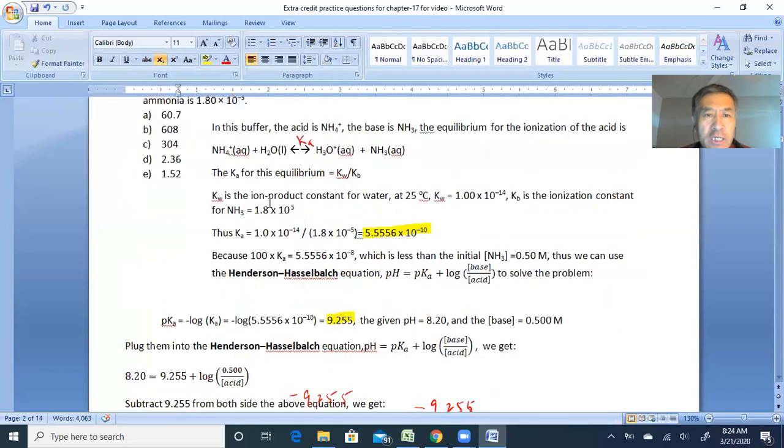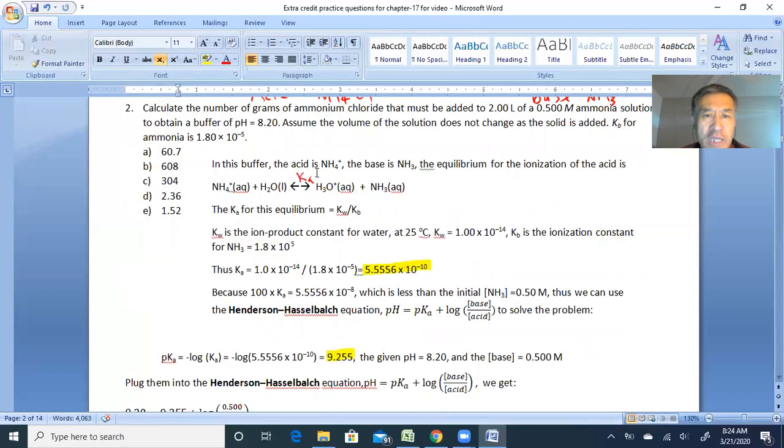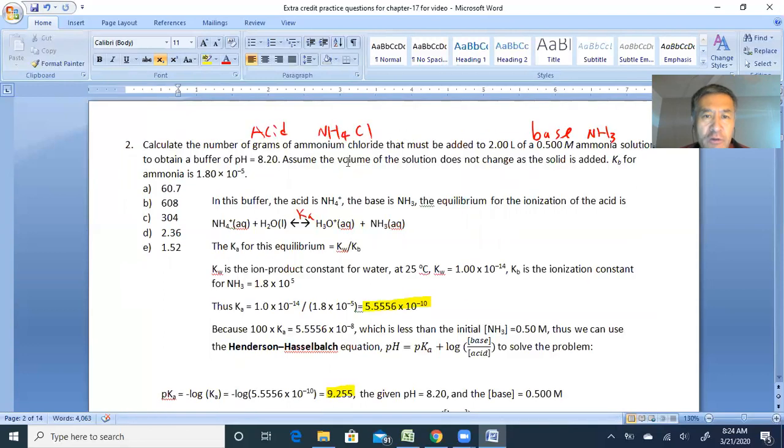So as we know in this buffer, the acid is NH4 plus. NH4 plus comes from the ammonium chloride. The base is NH3. The equilibrium for the ionization of the acid is NH4 plus and water, which has Ka, producing H3O plus and NH3.